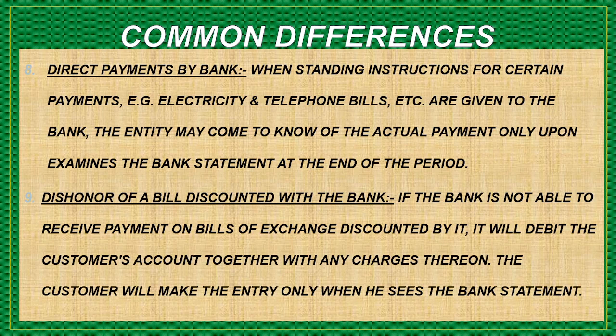Number 9. Dishonor of a bill discounted with the bank. If the bank is not able to receive payment on the bills of exchange discounted by it, it will debit the customer's account together with any charges thereon. The customer will make the entry only when he sees the bank statement.